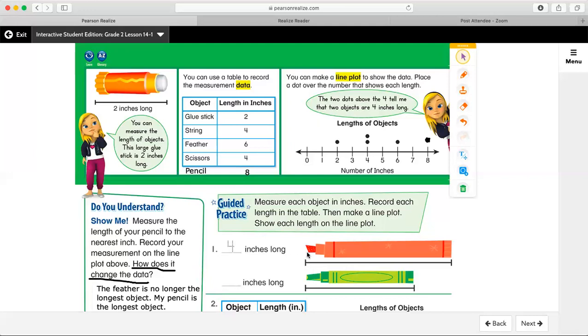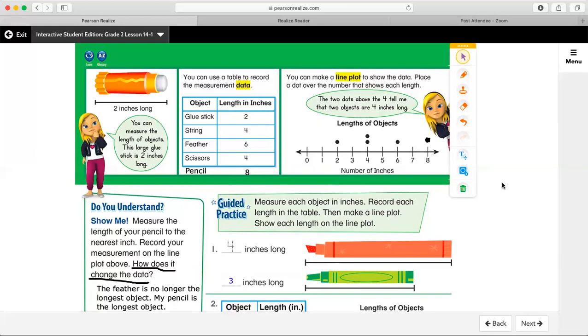So they have a marker here for you, and they measured it, and it's 4 inches long. They would like you to now measure the crayon. And if I remember correctly, the crayon is 3 inches long. Okay.